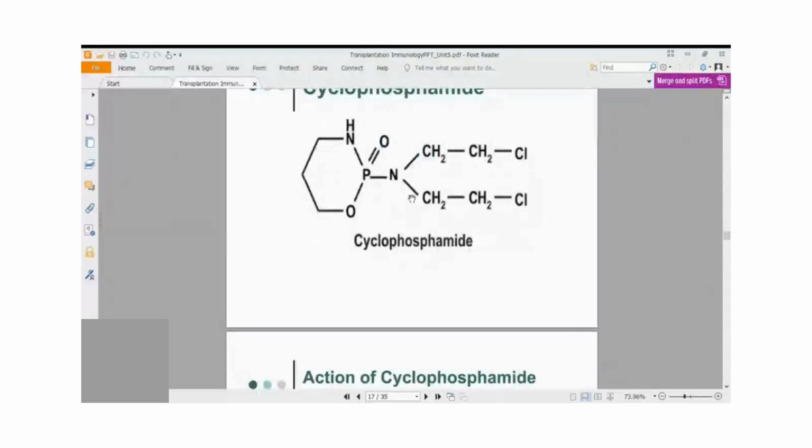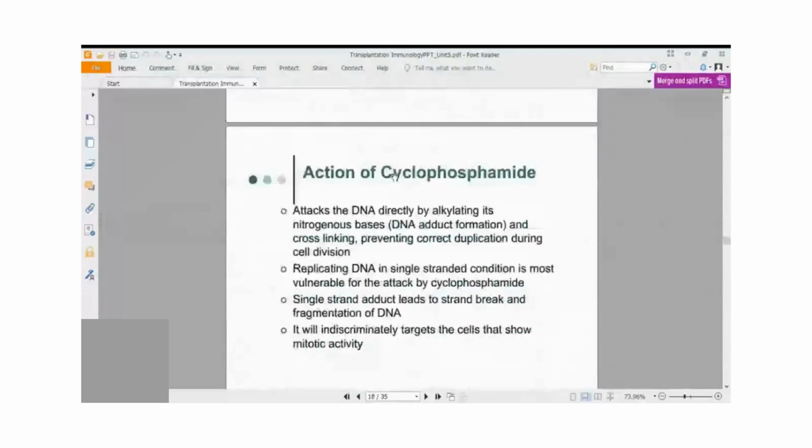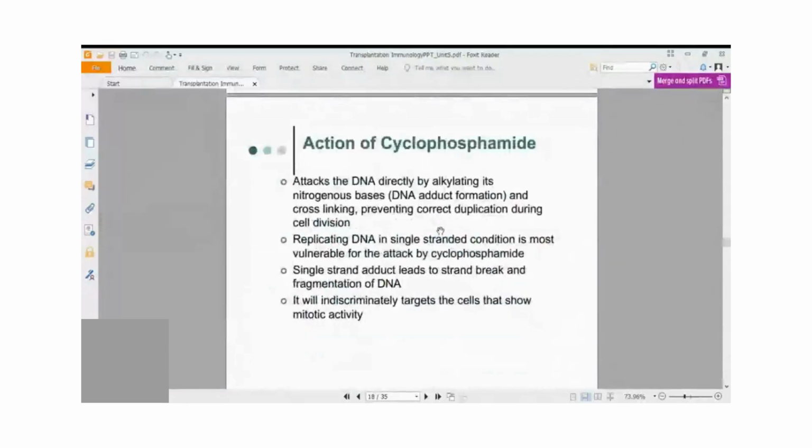The vulnerable stage of the cell is the single-stranded stage. When the DNA is becoming single-stranded, the unwinding process has already begun and the DNA replication process has to begin. At that time, the cyclophosphamide will go and bind to the single strand, because the single strand of the DNA is a naked DNA strand.